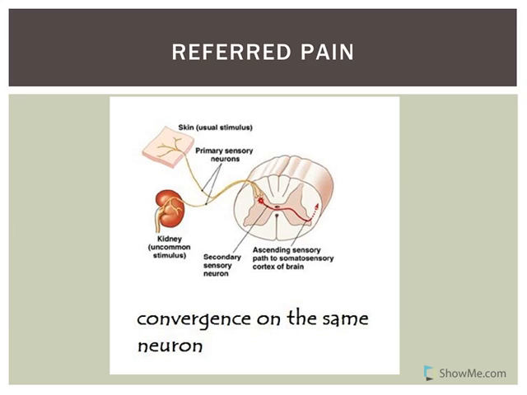It's not as common. And they converge upon the same second order neuron here in the dorsal gray horn, the same one, say, coming from the skin. So this is going to be sending information up to the brain, and the brain's going to interpret it as coming from the area of the skin rather than the actual visceral organ. And so we get what we call referred pain.